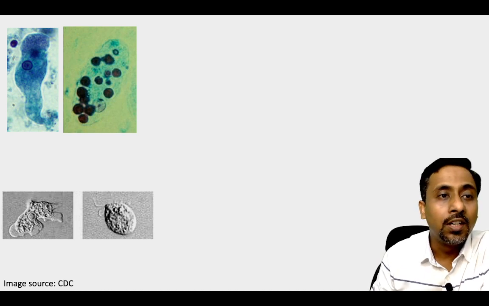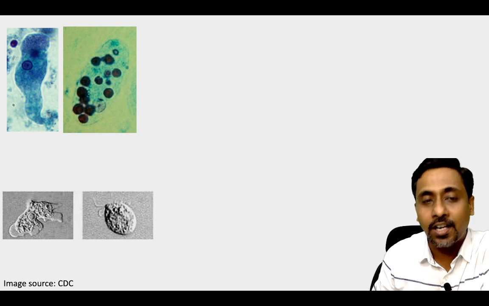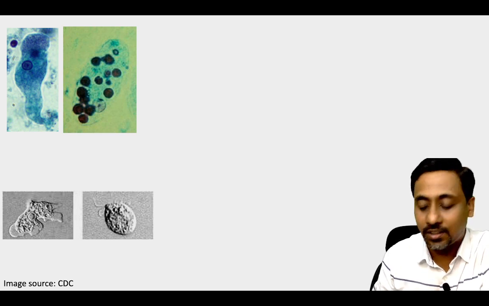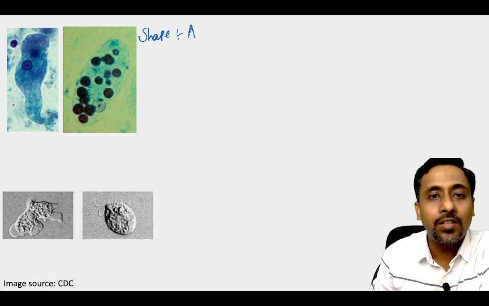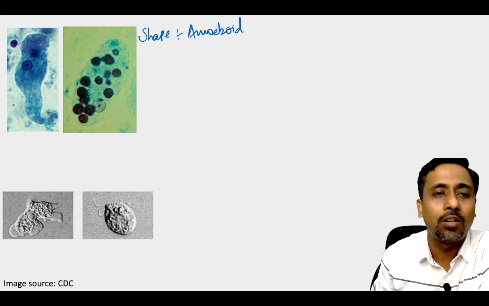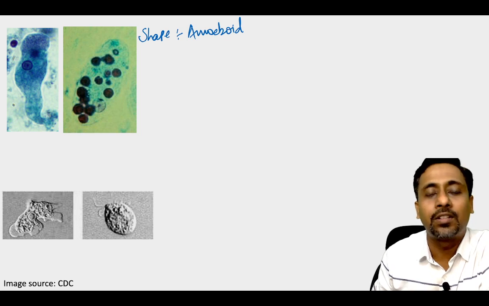If you see the shape, I will just write the characteristic and then I will tell the name of the parasite. The shape is amoeboid, irregular shape. There is no regular shape, not circular or any characteristic pear shape or tennis racket shape.